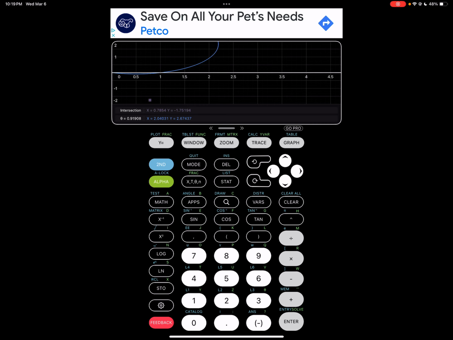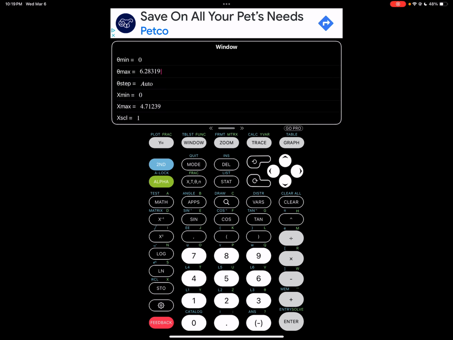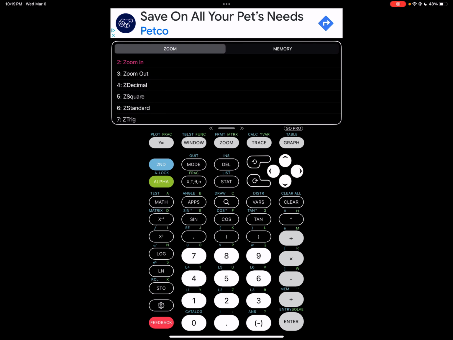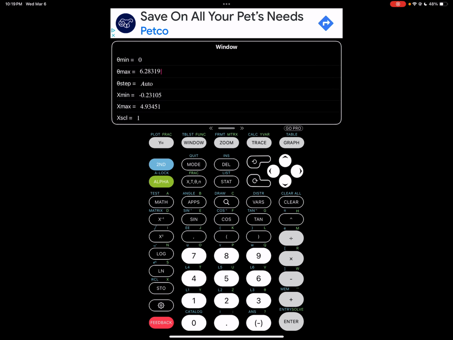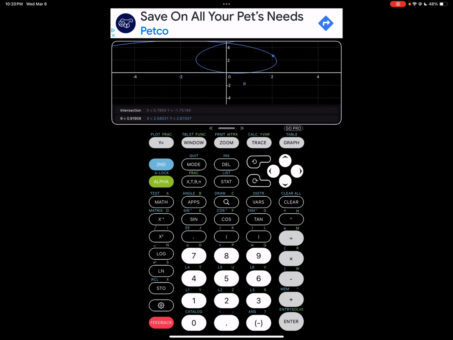Probably need to zoom out, so I'm going to do window. Actually no, we are not going to zoom fit that. We're going to do, let's say, -5 to 5, and we're going to say -5 to 5. Then let's see what happens there.